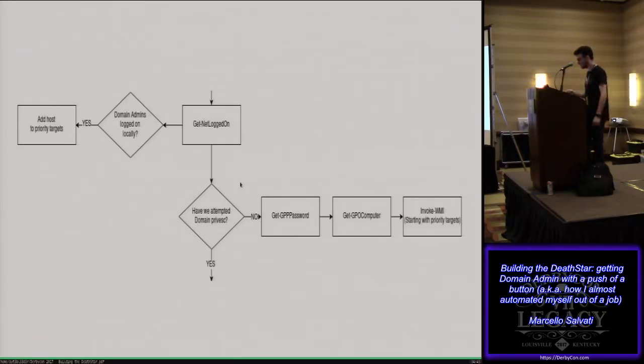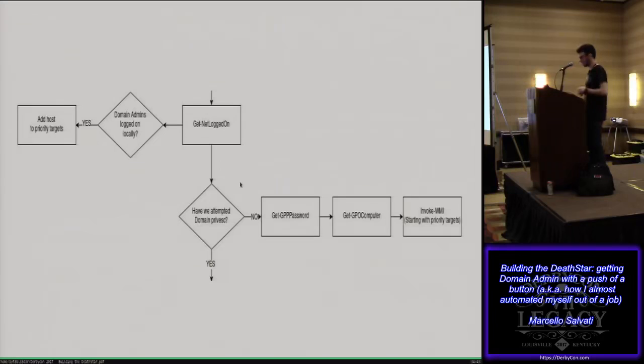Once we have that initial situational awareness, we then use the Get-NetLoggedon function to see if anyone is logged in locally or remotely, and if any of the domain admins are logged on locally or remotely, we add those to the priority targets. We then attempt domain privilege escalation.